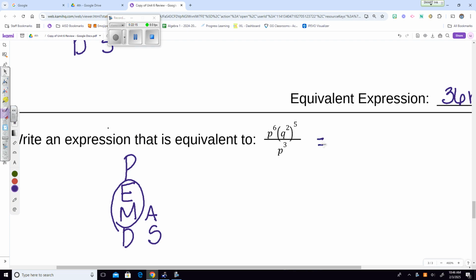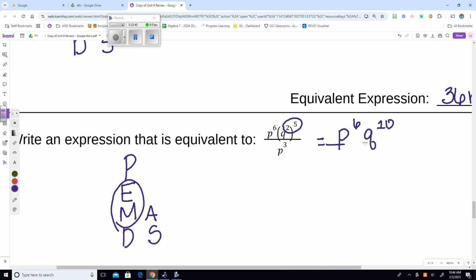Okay. So in the numerator, you keep the p to the 6th. You have q squared to the 5th. What does that become? 10. Q to the 10th. Okay? Whoops, I don't know why I wrote p. It should be q. All right.